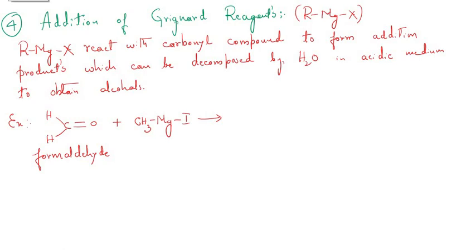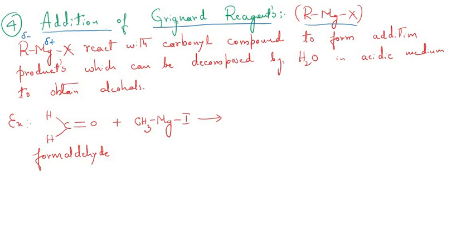Now the next nucleophilic addition is addition of Grignard reagents, that is RMgX. One has to remember the nature of Grignard reagent. Grignard reagents are represented by RMgX, and this metal is basically electropositive, that is magnesium. So therefore R becomes nucleophilic in nature.